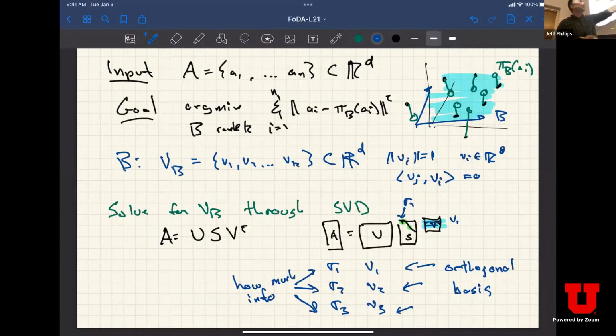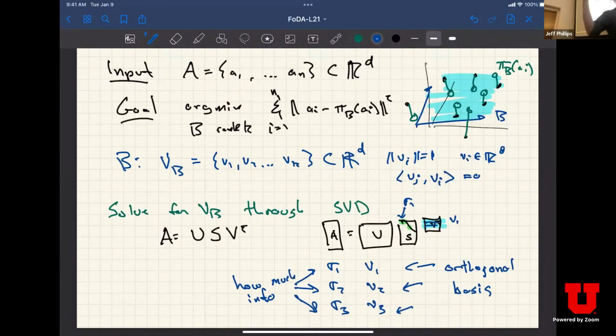And we told you not to worry so much about the U matrix. If you were doing this on the transpose of A, trying to do a decomposition over the rows instead of the columns, where the rows were the dimensions and the columns were the data points, then you're doing the same thing with U and V swapped.